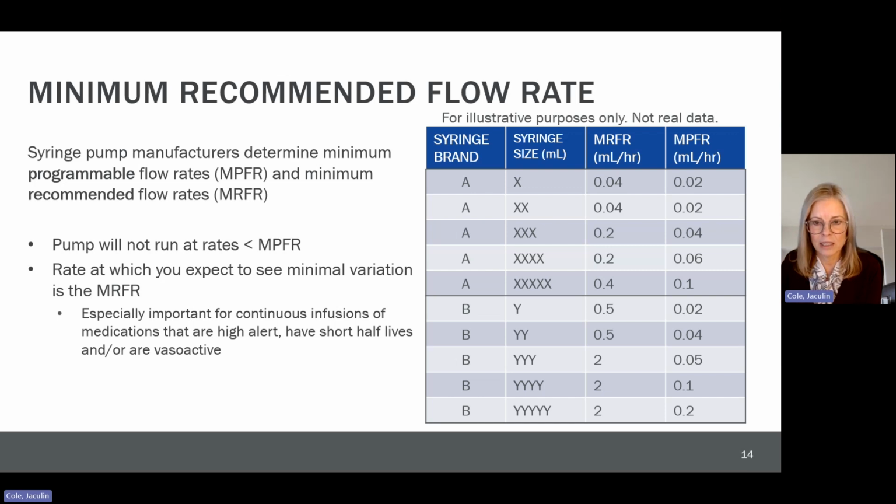And you can see that in this example chart with illustrative data, the minimum recommended and minimum programmable flow rates differ according to syringe size and brand. So you can't just substitute the same size or similar size of a syringe from a different manufacturer and expect the same performance. And this can certainly be a challenge during syringe shortages.